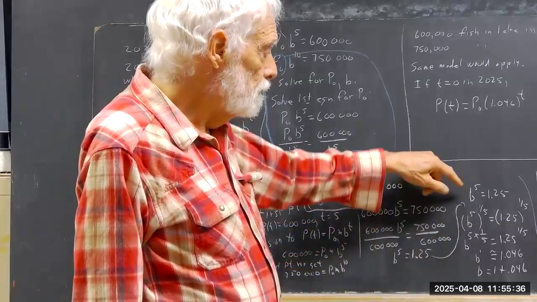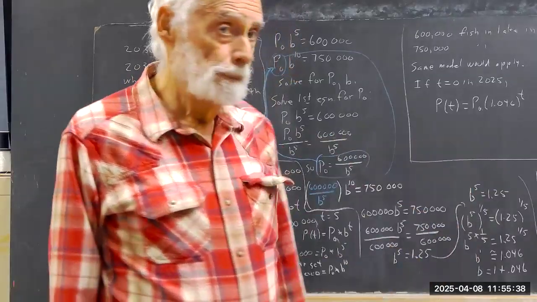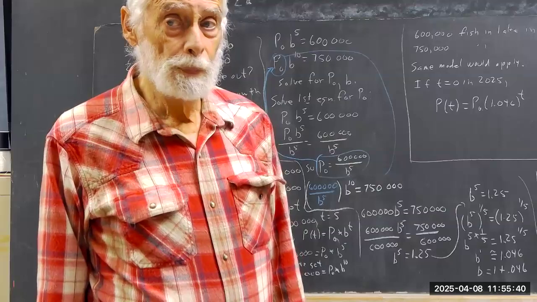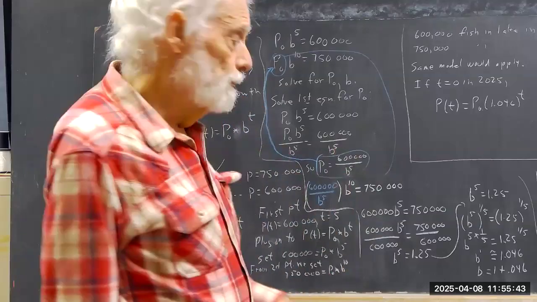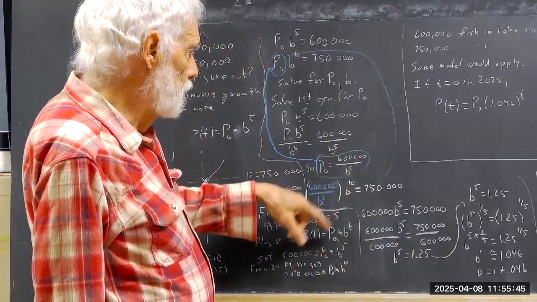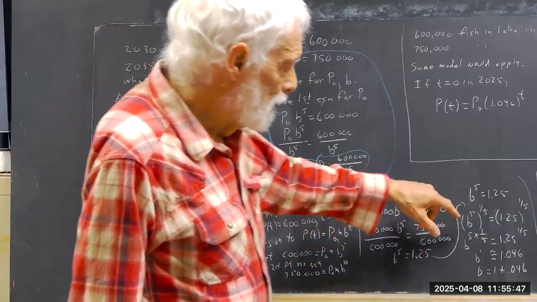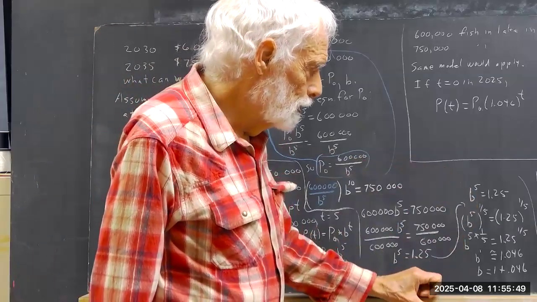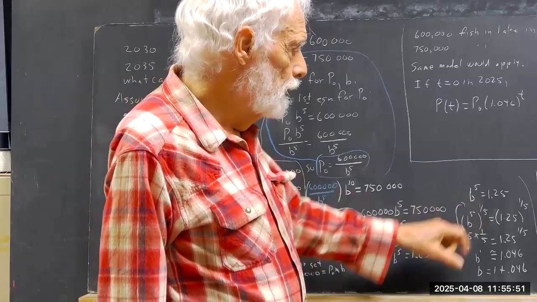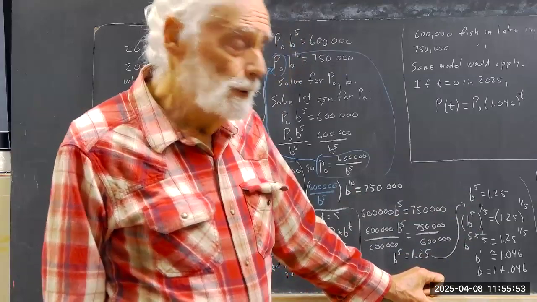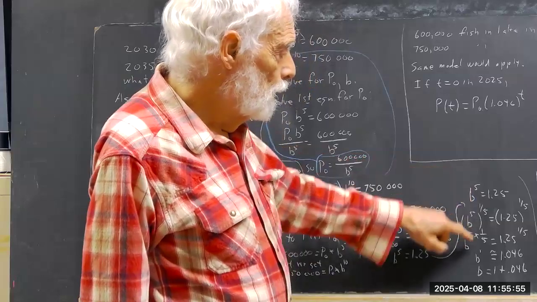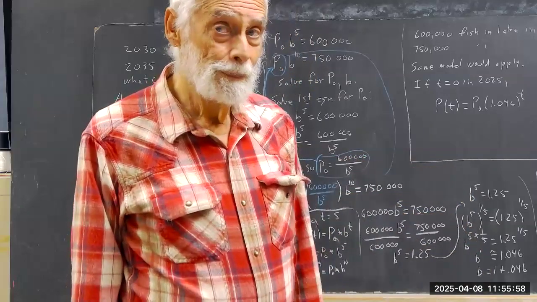Then how do we solve that for b? Well, this is where people, who are pretty good with the laws of exponents, can have a little bit of trouble. We raise b to the 5th to the 1/5. Why? Because when we take a power of a power, we multiply the two powers.